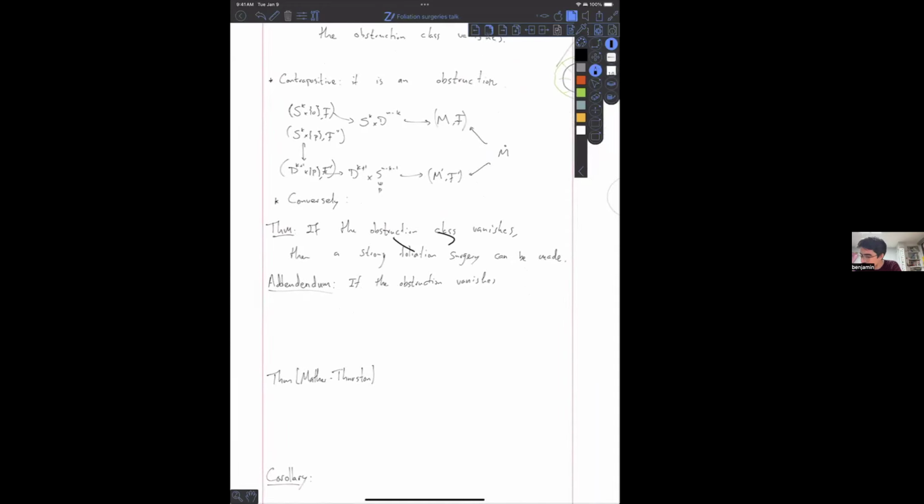So, an addendum: in case it's possible, if the obstruction vanishes and the normal bundle of F is trivial, then the surgery can be chosen. And it really is a choice.